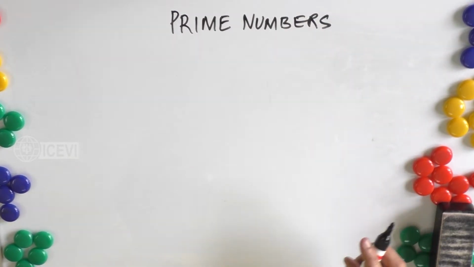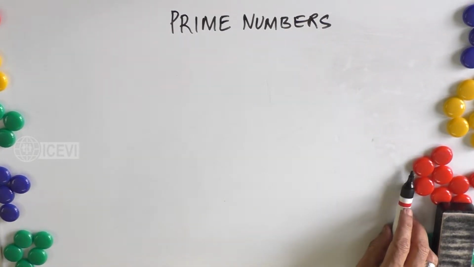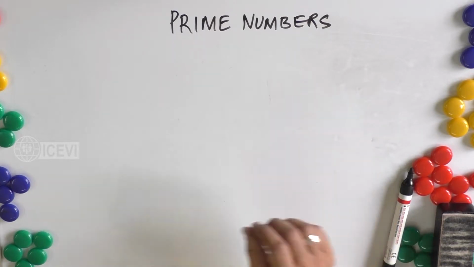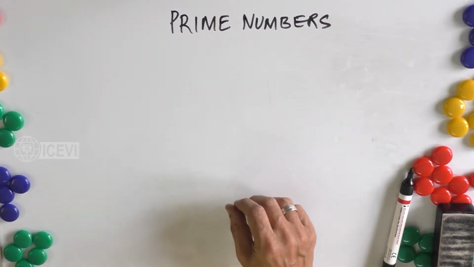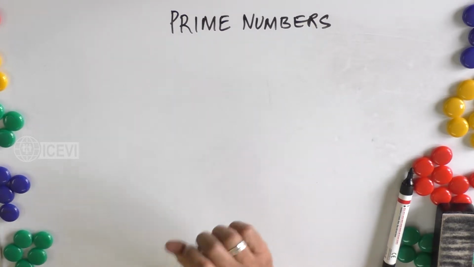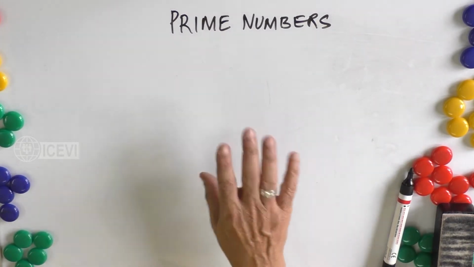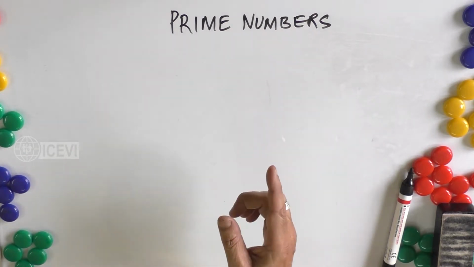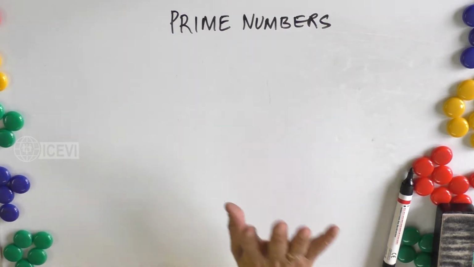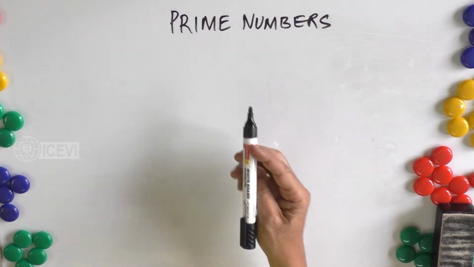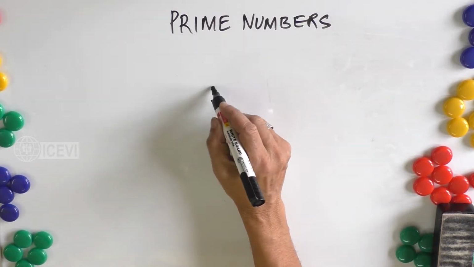First we have to define a prime number. In any number, there are two definite divisors. One is the number itself and the other divisor is 1. So let us take the number 5.